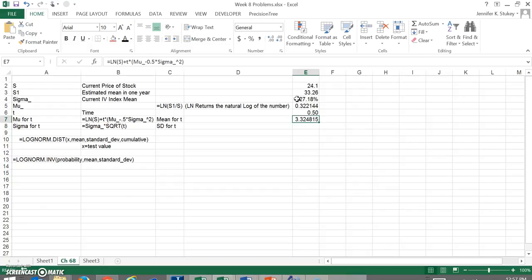You should get 3.3248. Make sure you've got all your parentheses in the right spot if you're having trouble getting that number, because that would cause an issue.